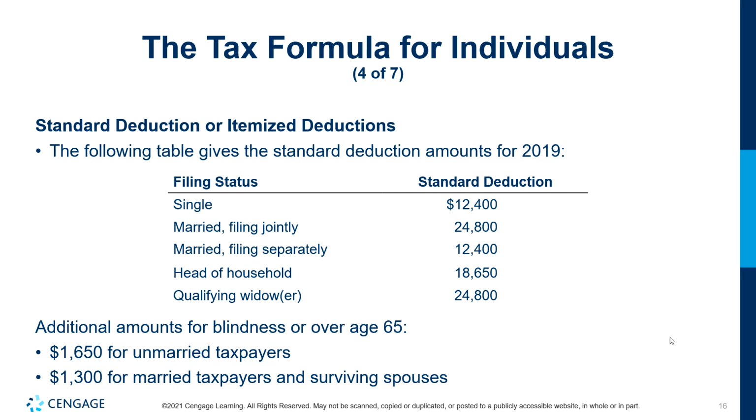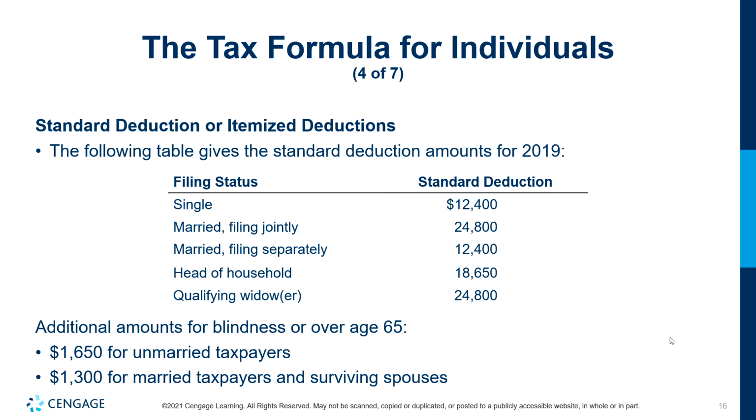We have married filing separate, which is pretty easy. It is half of married filing jointly, or the single rate. Then, of course, we have head of household, which we'll get into with these statuses too. That is 18,650, and qualified widower is 24,800.